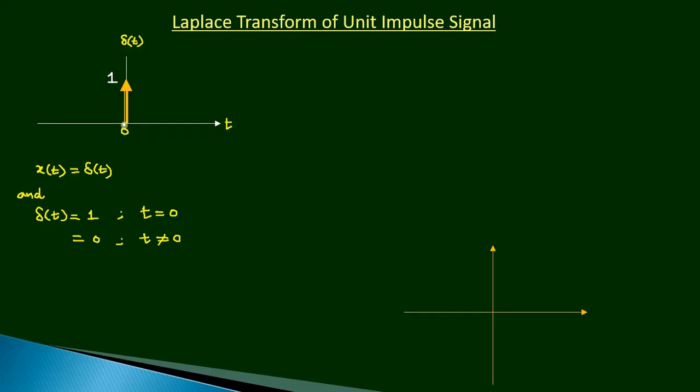The impulse signal exists only at t equal to 0, and at all other times its value is 0. We can express the same thing mathematically as delta of t: the impulse function has amplitude 1 at t equal to 0, and its value is 0 when t is not equal to 0.